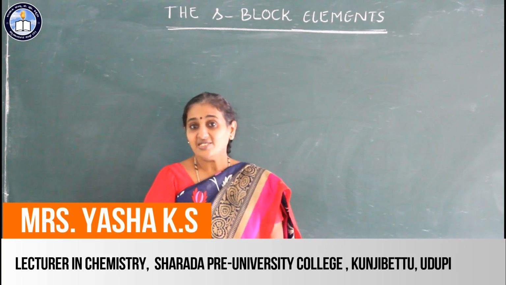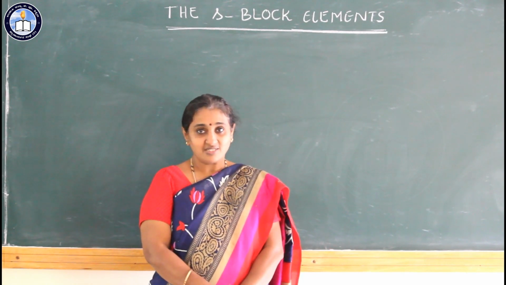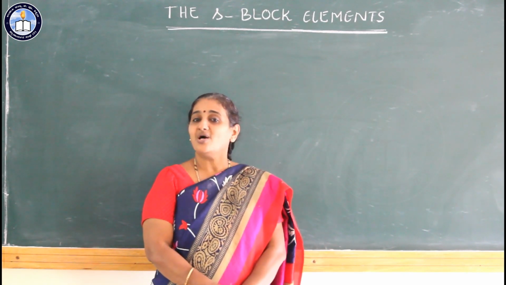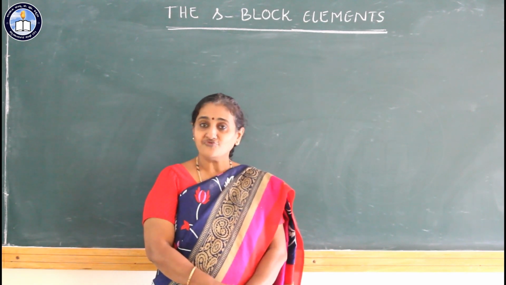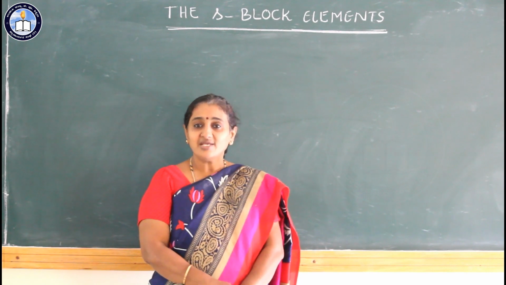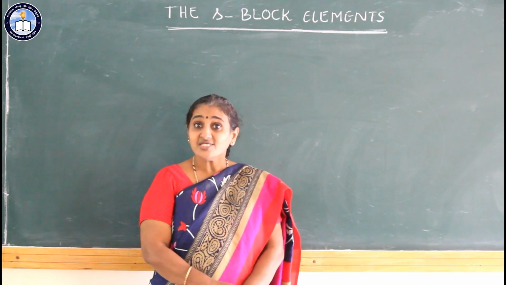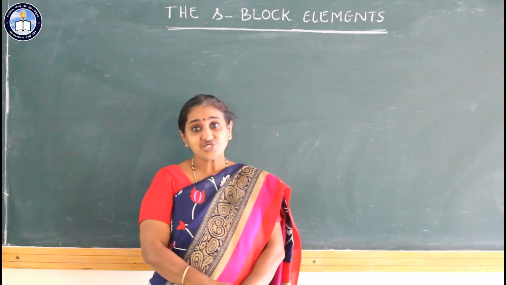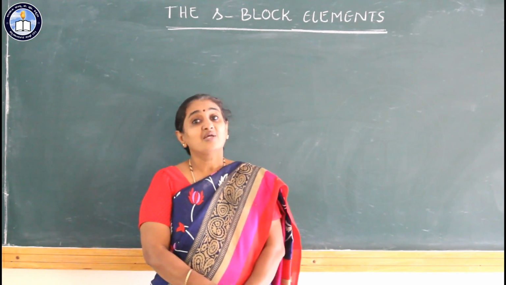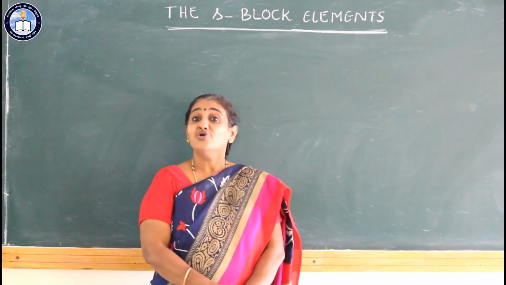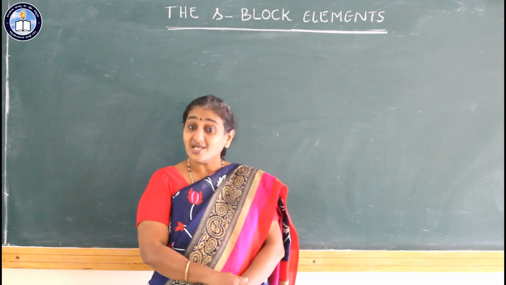In the last part of the S block elements, we studied the elements belonging to alkali metals: occurrence, electronic configuration, atomic radii and ionic radii, ionization enthalpy, hydration enthalpy, physical properties, chemical properties, uses, and general characteristics of alkali metals.